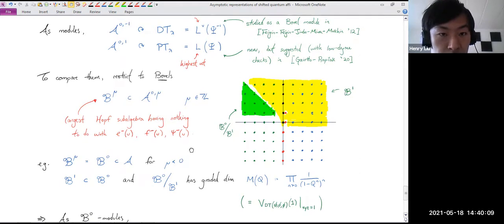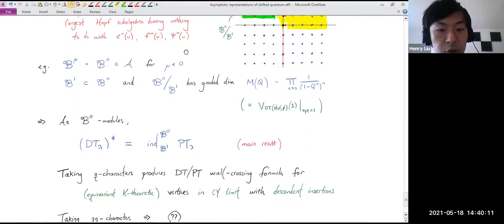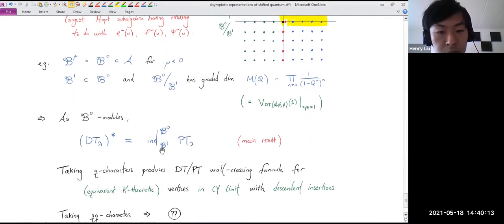And so what you can do is you can take your PT module, which is a one shifted module, and just induce a B naught module from it. You can just do induction. And that way, now you have two B0 modules. And this induction process does not change the highest weight or anything.